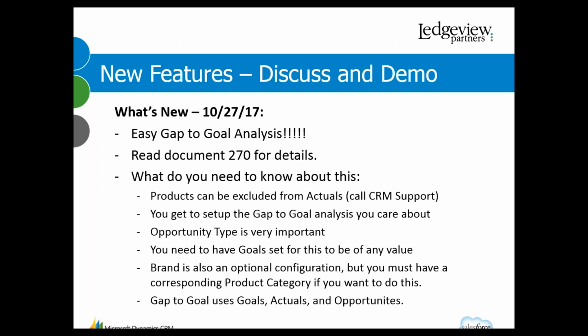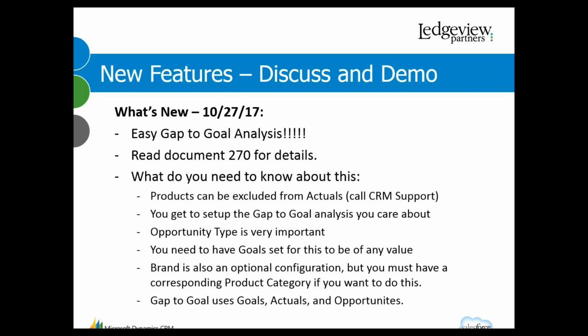What's next? Obviously, you have to have set goals for this to be of any value. We can't do gap to goal analysis if you don't have goals. Also, brand is an option. You might think of Chevron or Shell or your in-house brand. The only way that can work is if you have brand on your opportunities, so you have to make sure you're doing that.